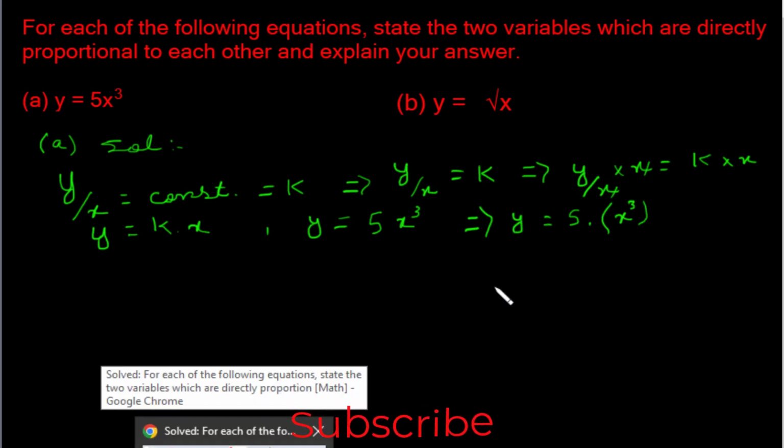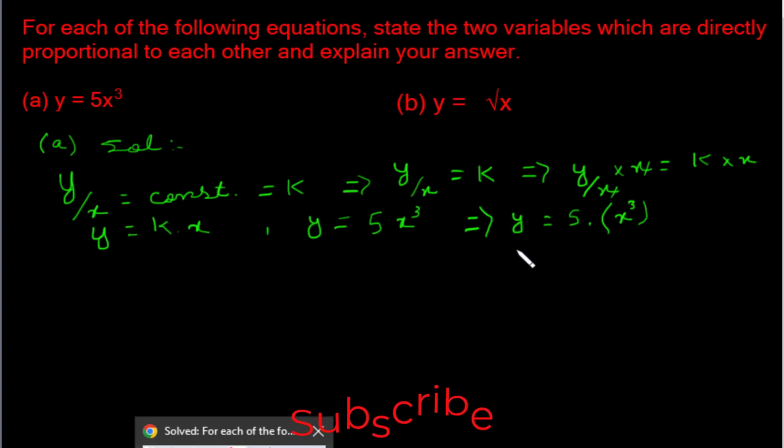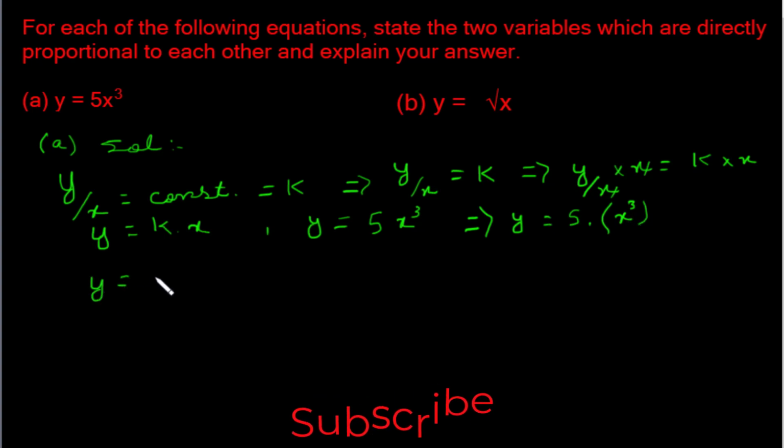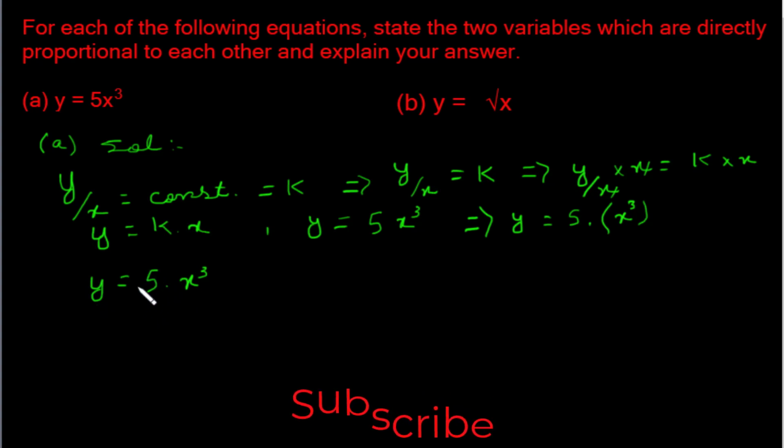To answer this, I would say that y is directly proportional to x cubed because we can rewrite this equation as y is equal to 5 times x cubed. This shows a direct proportionality between y and x cubed with a constant of proportionality k equal to 5.